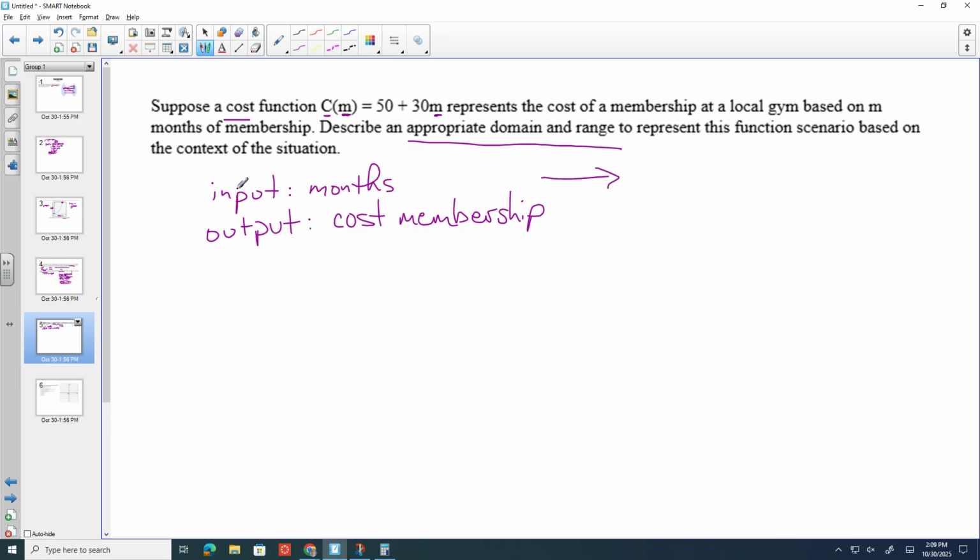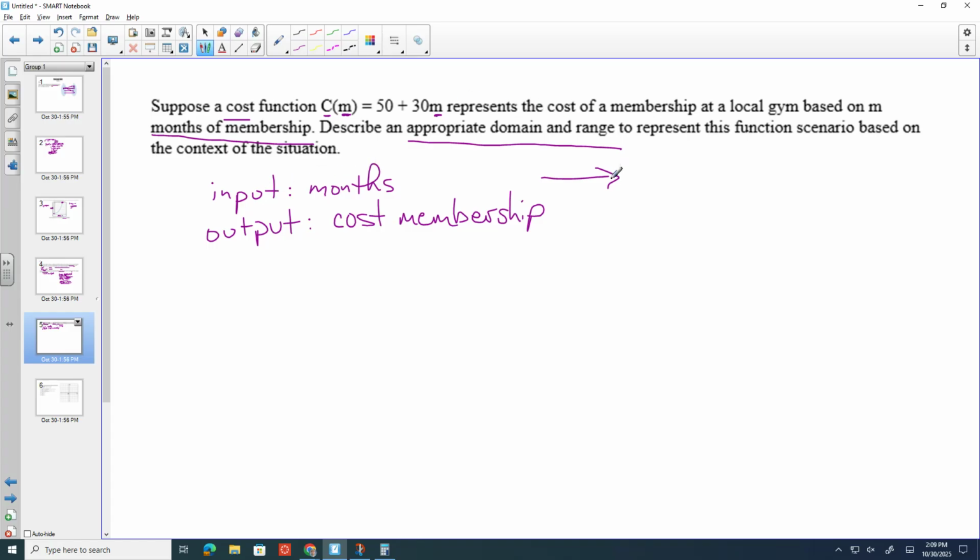What are the reasonable values that could be inputs? Well, we know that M represents months of membership. Is it possible for a person to be a member for a negative number of months? No, that's just not logical. It doesn't make any sense. So we know that the domain cannot include negative numbers.